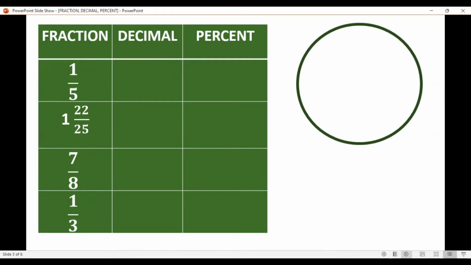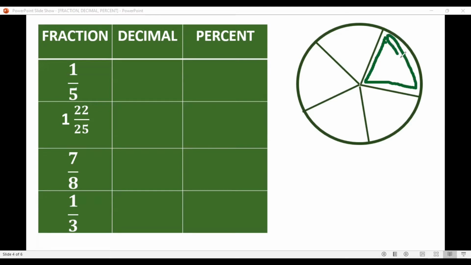If we show that in a certain whole thing, we have a whole that is divided into 5 equal parts, and there is one part that is obtained from it. So this part is representing 1/5.